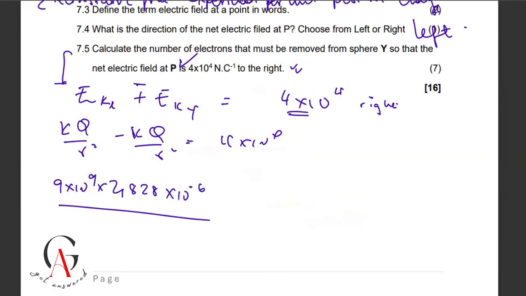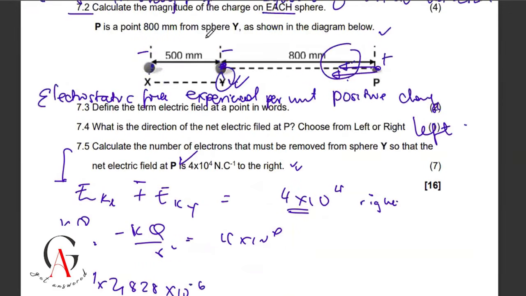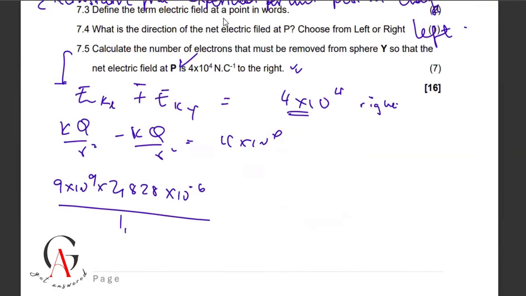The distance for X, when we look at X, it's going to be the 800 and the 500, which is 1.3 divided by 1,000, which gives us 1.3. So over 1.3 squared minus 9 times 10 to the 9 multiplied by the Q of Y over, it's actually supposed to be the other way around.